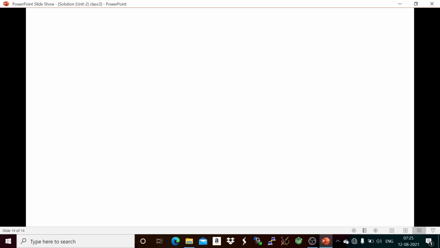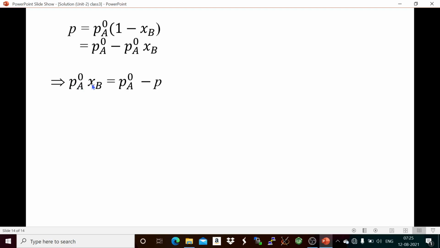If we replace XA by 1 minus XB, P is equal to PA naught into (1 minus XB), which we can write as PA naught minus PA naught into XB. So if we change sides, PA naught XB is equal to PA naught minus P.